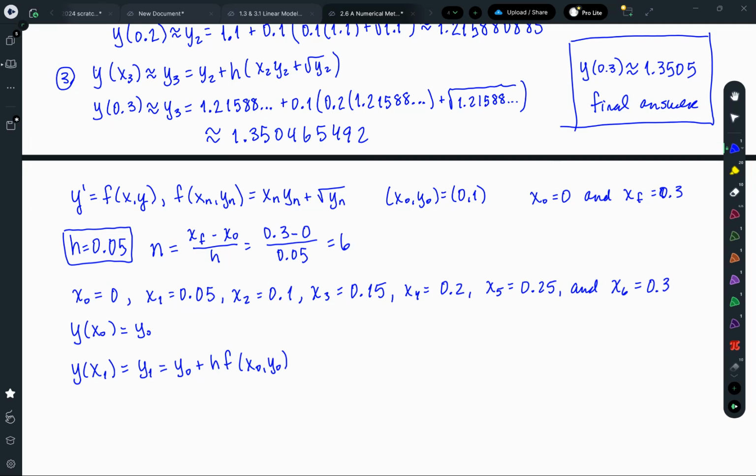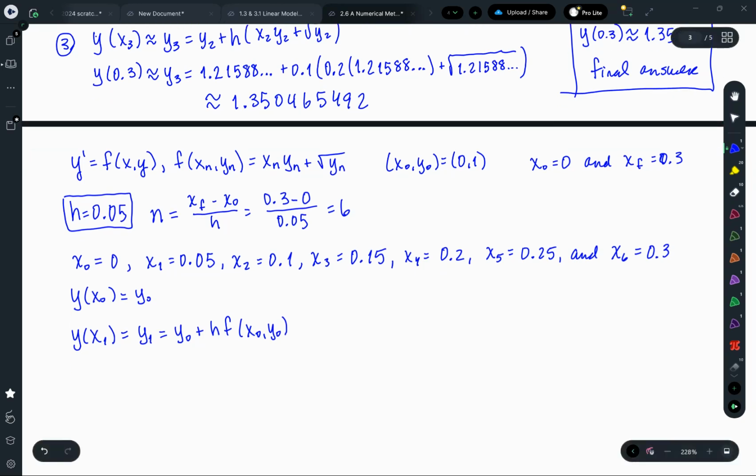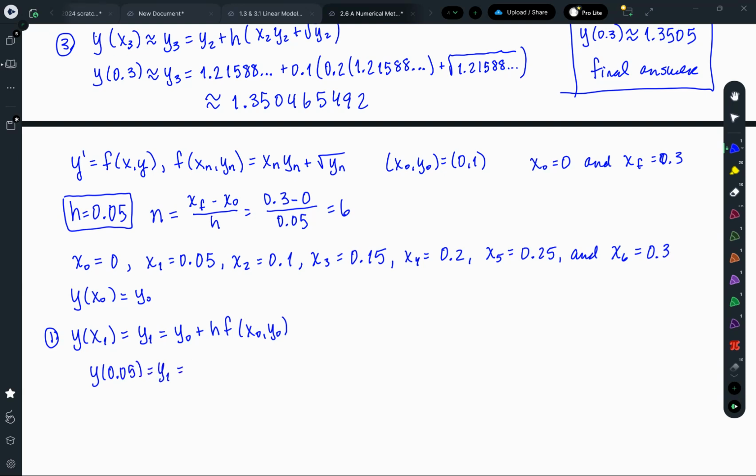So exact same setup as before, and this is step 1. Okay. We plug in x1 this time, and it's new. It's going to be y of 0.05. This is equal to our y1, which is written in terms of x naught and y naught. And so when we write it out, y naught is 1 plus h, which is 0.05, times our derivative function evaluated at x naught.